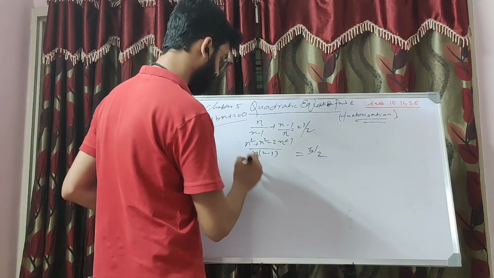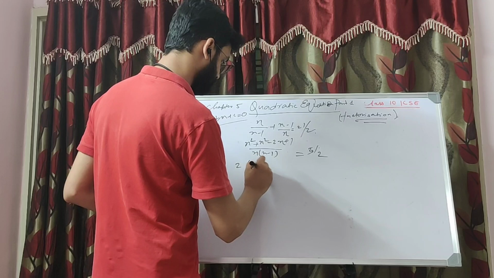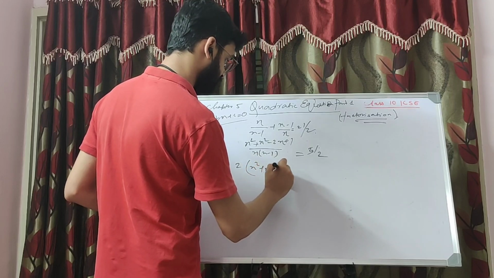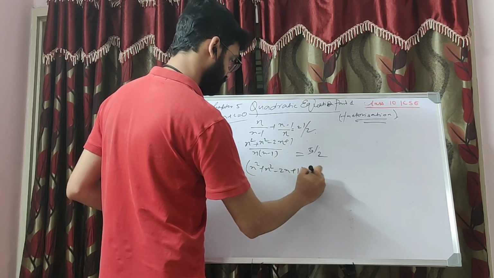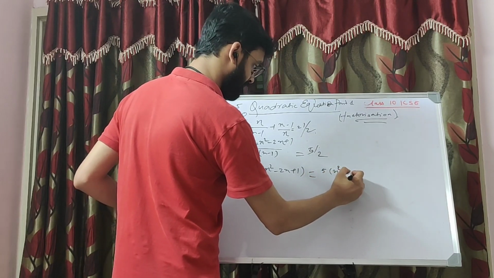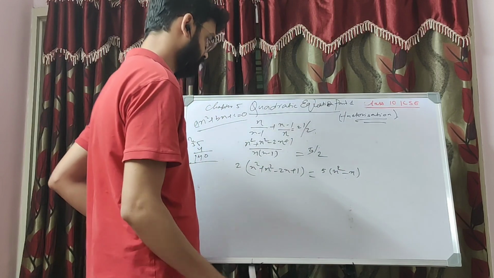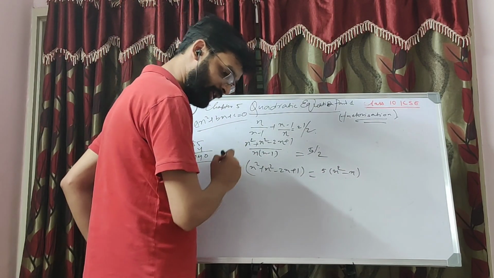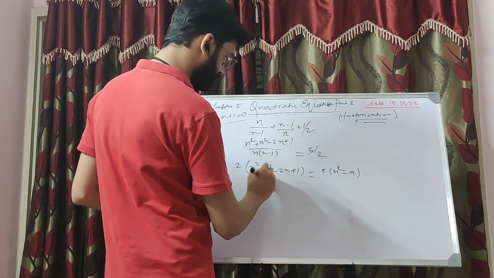When we cross multiply, we get 2x square plus x square minus 2x plus 1, that is 5 into x square minus x.